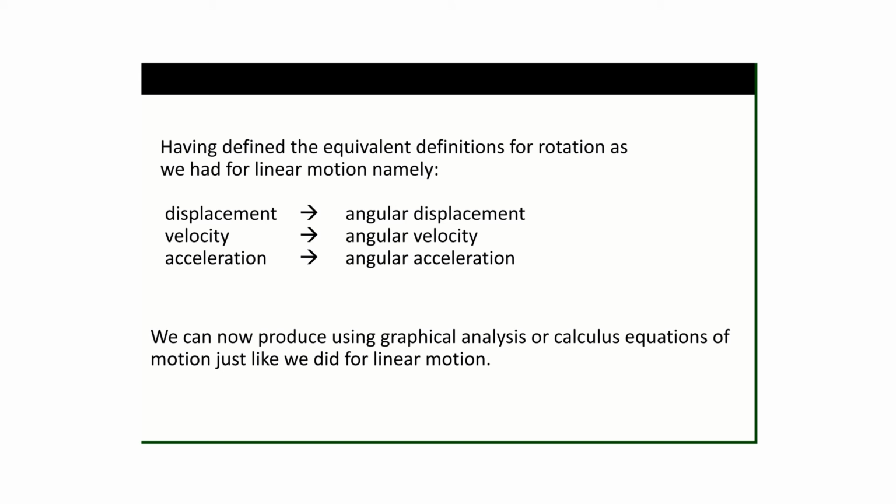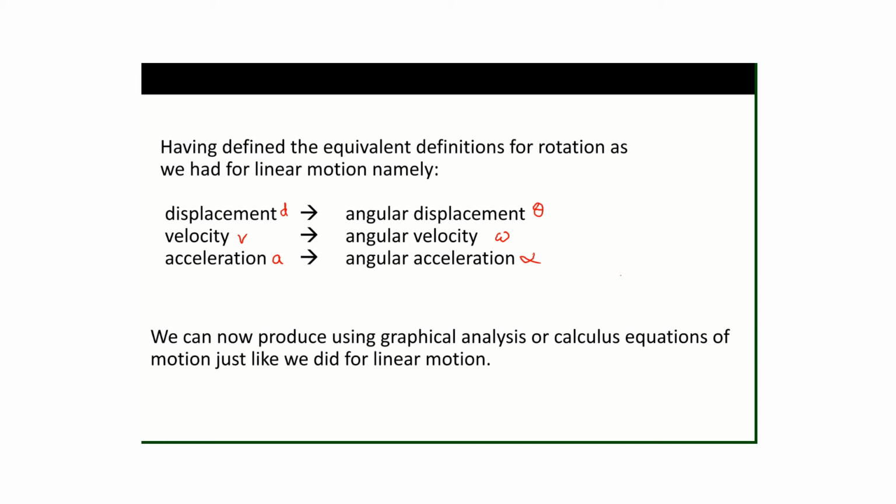Now, we've defined the equivalent definitions for rotation as we had for linear motion. Namely, we've taken displacement, which was d, and we've now got angular displacement, which is theta. We've taken velocity, v, to angular velocity, which is omega. And we've taken acceleration, a, to angular acceleration, which is alpha.